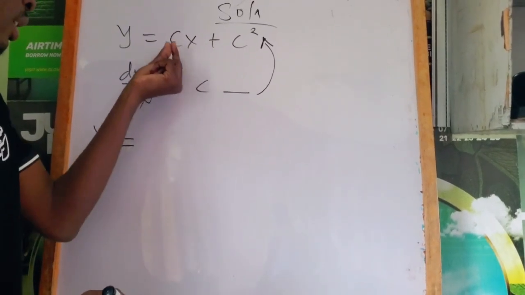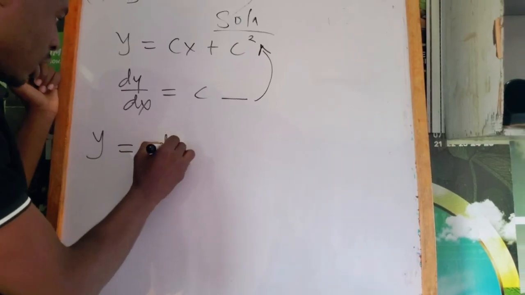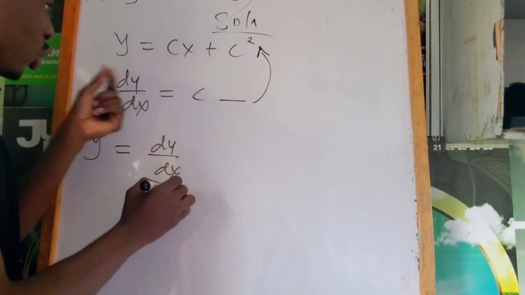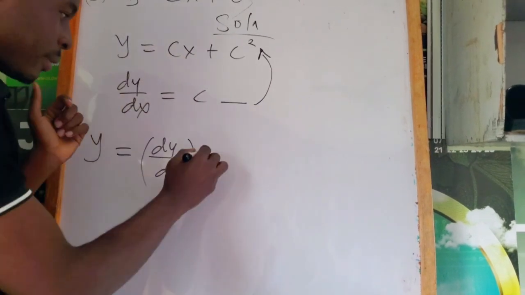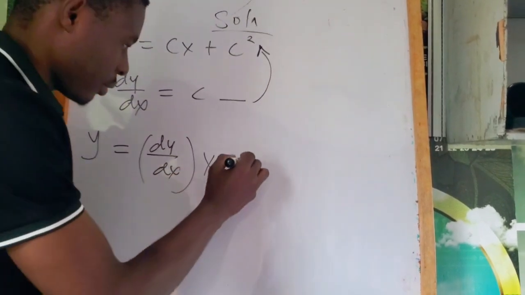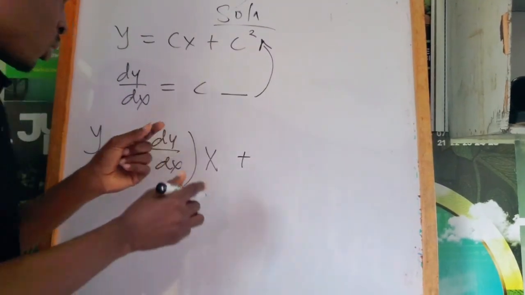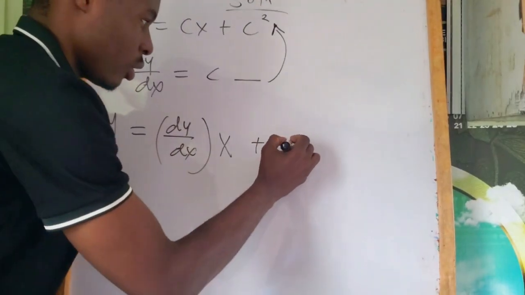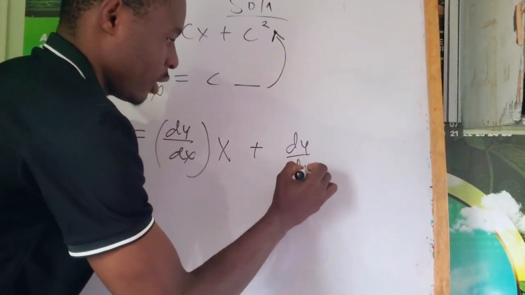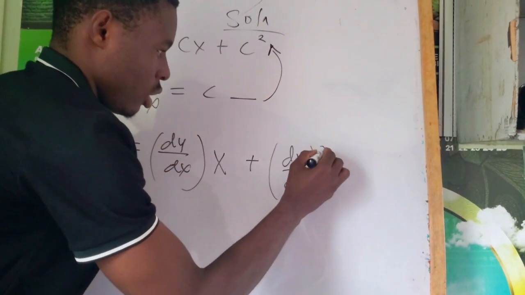So we multiply this dy/dx, which is the value of c, times x, right? Plus c squared. Now we just square this dy/dx, because that is the value of c, plus (dy/dx) squared.